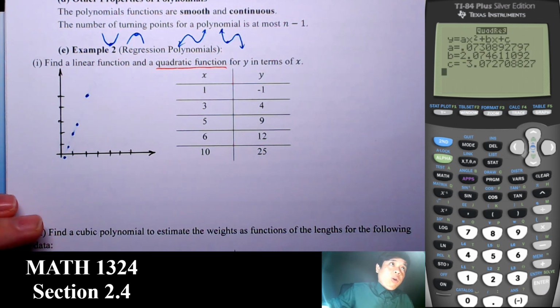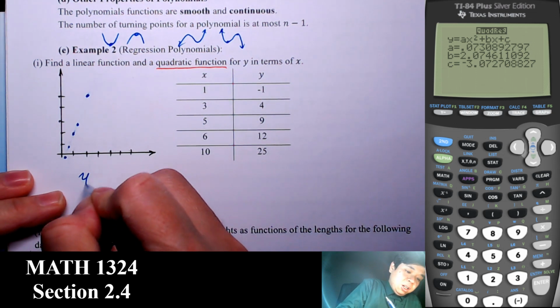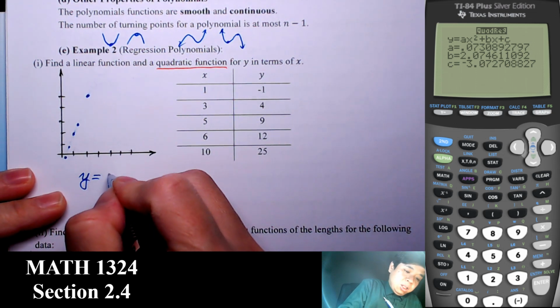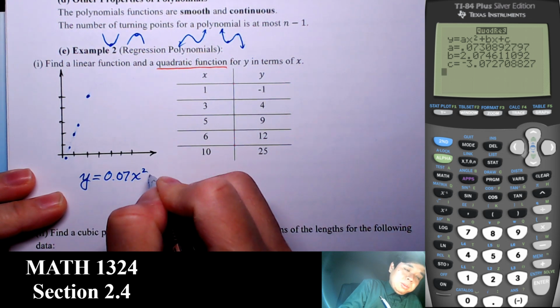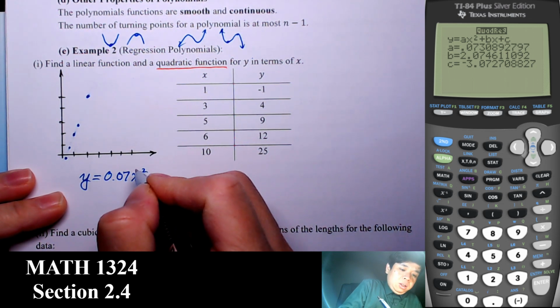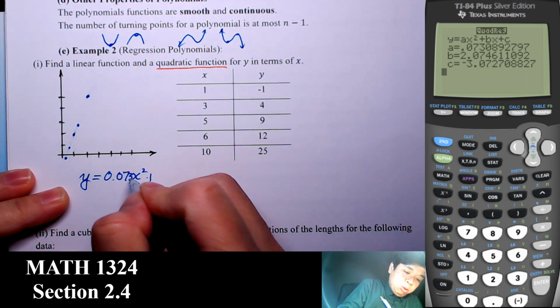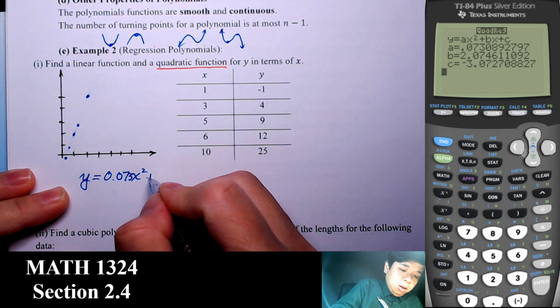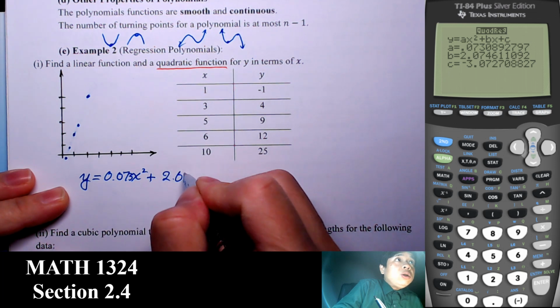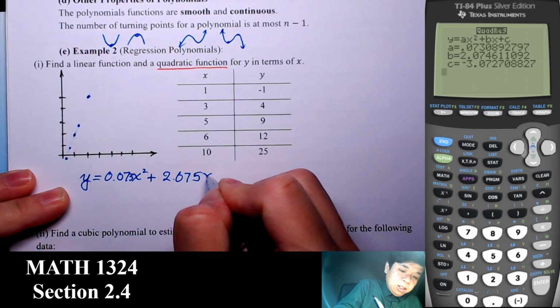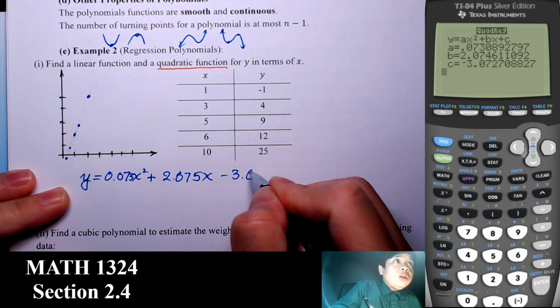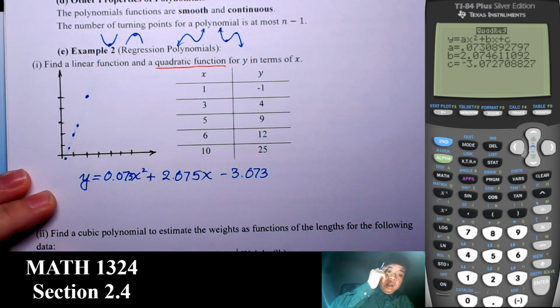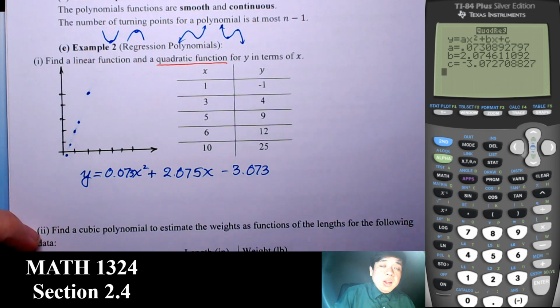The quadratic that best fits all of this, we will write 0.073 x squared, that's at 3 decimal places, plus 2.075 x minus 3.073. So that equation will best fit this data.